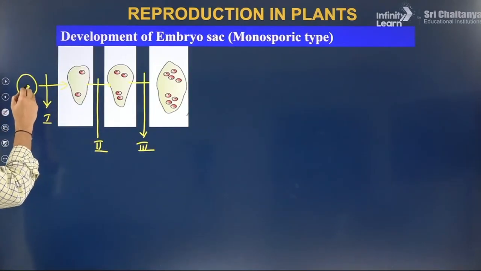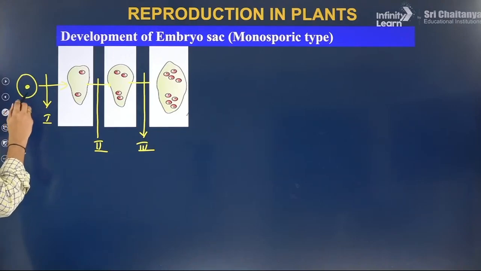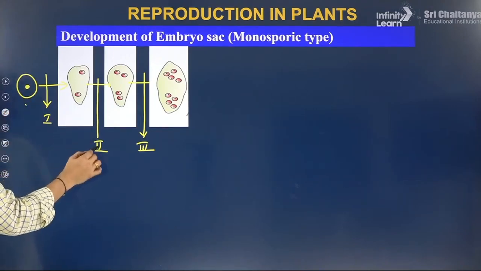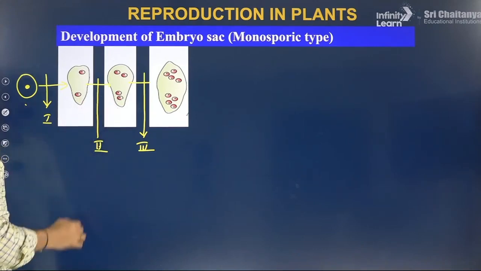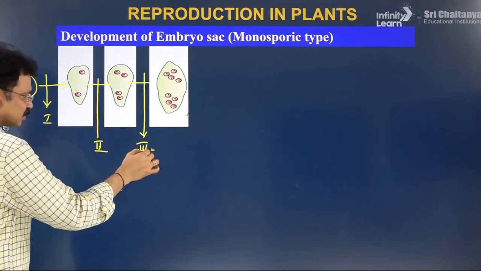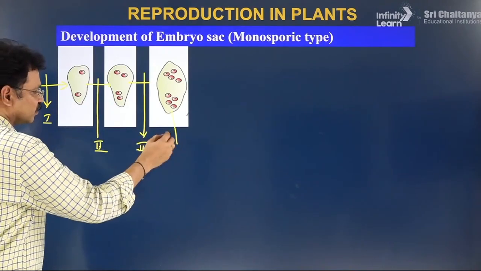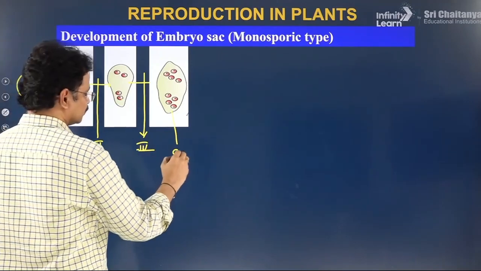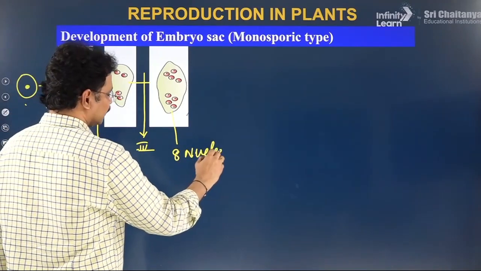First generation of mitosis takes place in a single or uninucleated megaspore. Result: binucleated. At the end of the second generation, tetranucleated. At the end of the third generation, an 8 nucleated megaspore is formed.